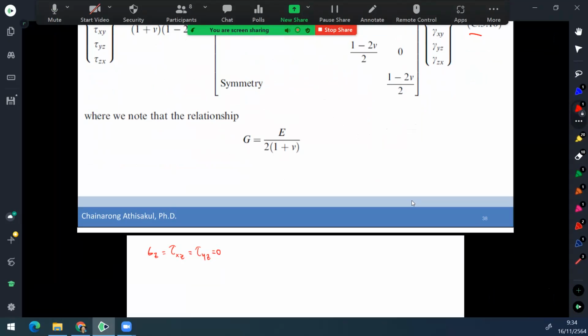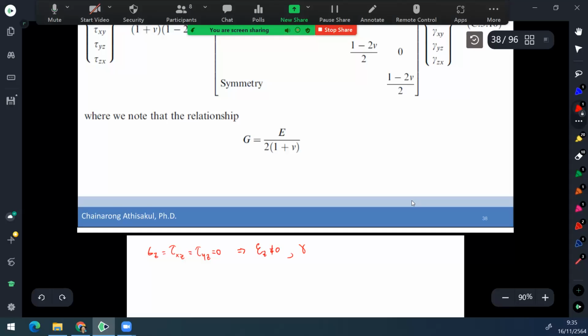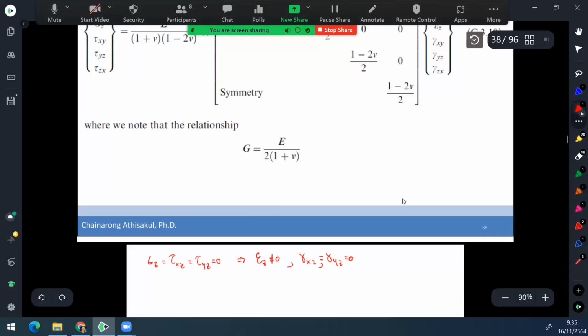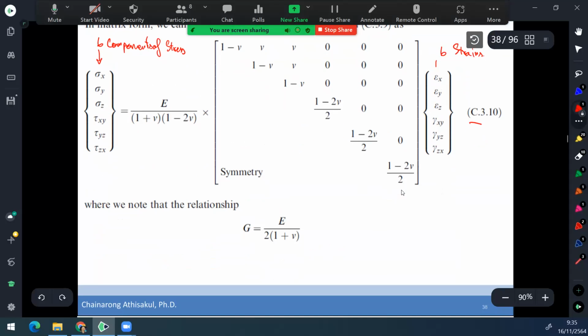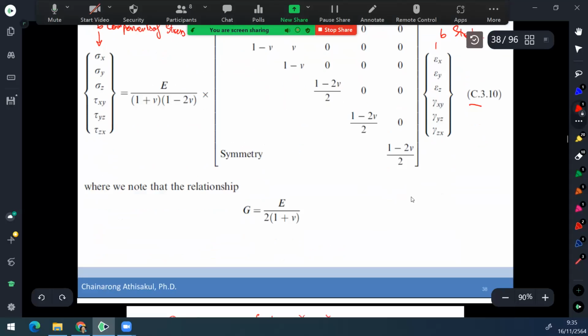And we know that the strain epsilon z is not equal to 0, but gamma xz and gamma yz become 0, right? So what happens to this equation when we simplify with this condition?